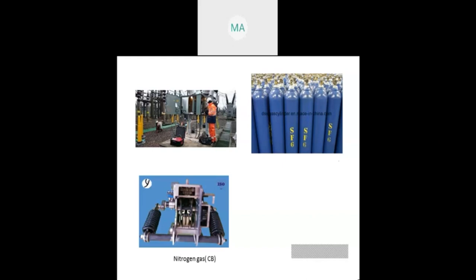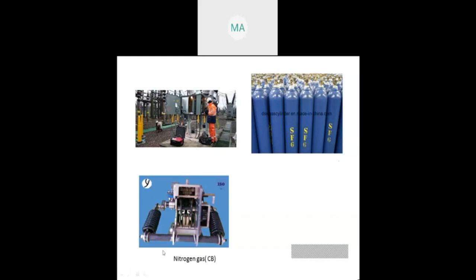At the back side of that there is a GIS substation, a gas insulated substation. From outside it looks like an apartment, but inside it has the gas insulation substation. How it conducts, we will study in another topic.